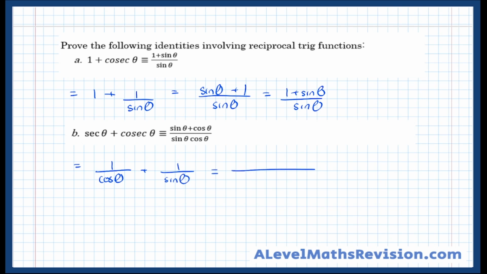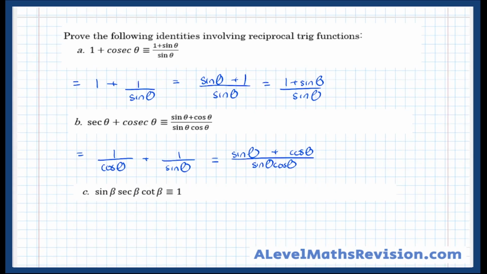And let's give them a common denominator. So sine theta cos theta will be the common denominator, and the first one we need to multiply by sine theta, and the second one by cos theta. And actually, that's it proved.